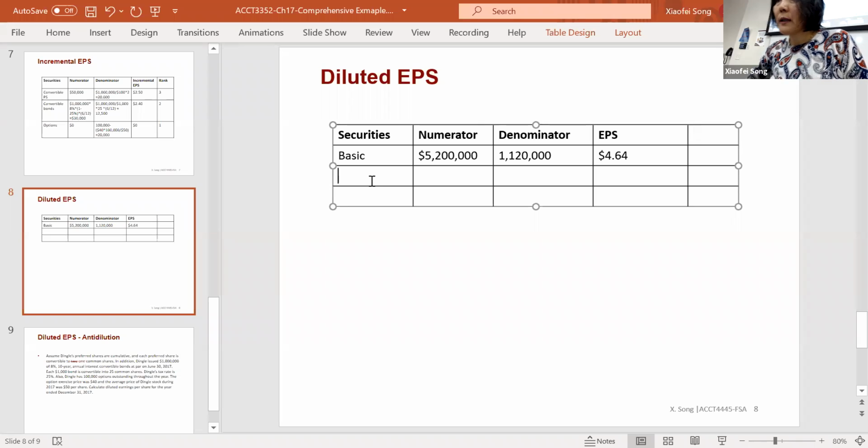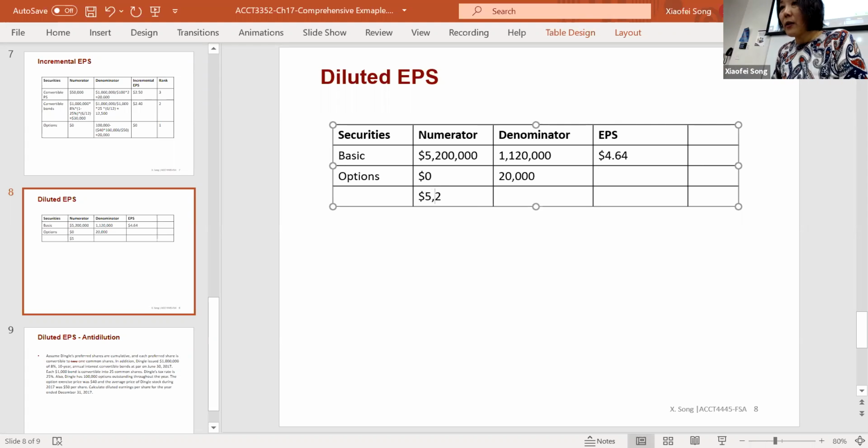Okay, now we add in options. There's no impact on the numerator, and there is a 20,000 share increase. I'm not going to show it here because it's confusing to put too much information here. We already calculated the incremental shares, so I'll just do the diluted earning per share after the first one is added.